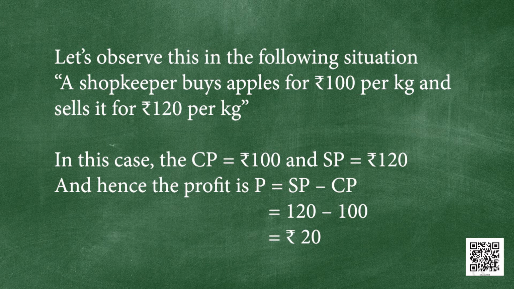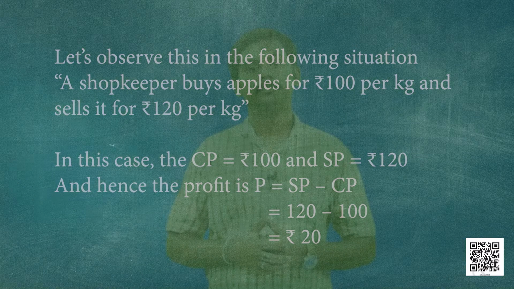In this case, the cost price is equal to Rs 100 and selling price is equal to Rs 120 per kg, and hence the profit, per kg, is P is equal to selling price minus cost price, which is equal to 120 minus 100, that is equal to Rs 20. So, the shopkeeper gains a profit of Rs 20 per kg.